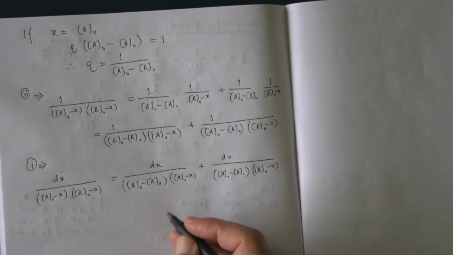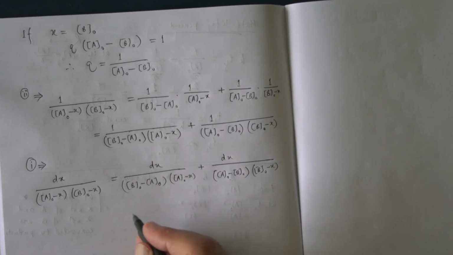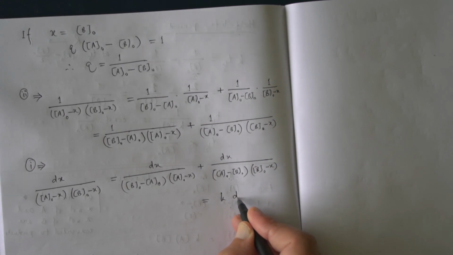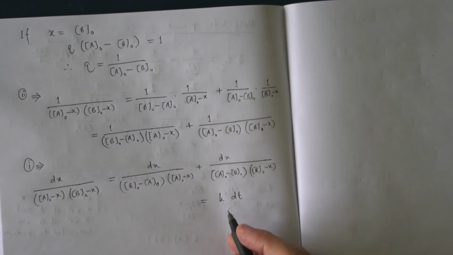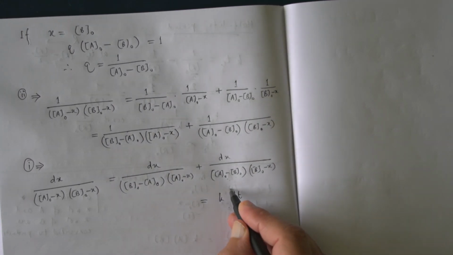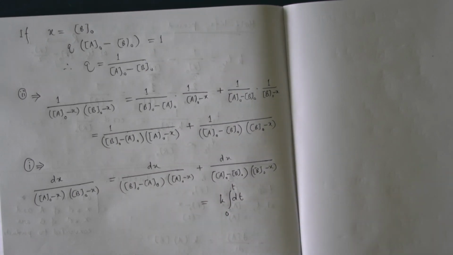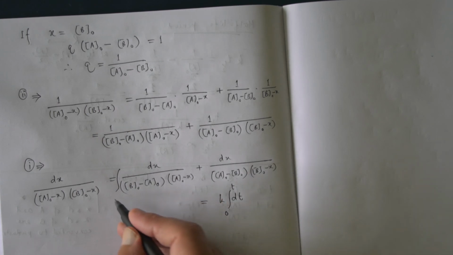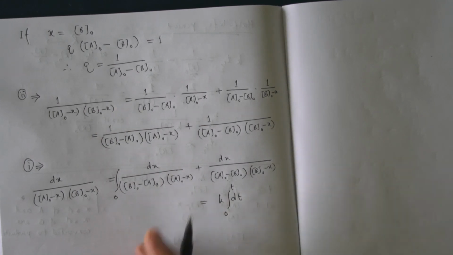And this is equal to k dt. Now integration, so we will integrate from 0 to t. When t is 0, x is 0.